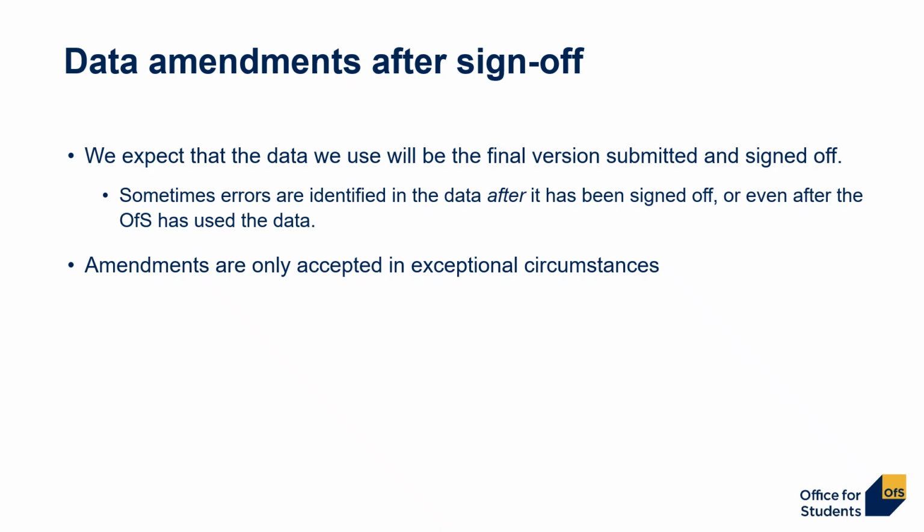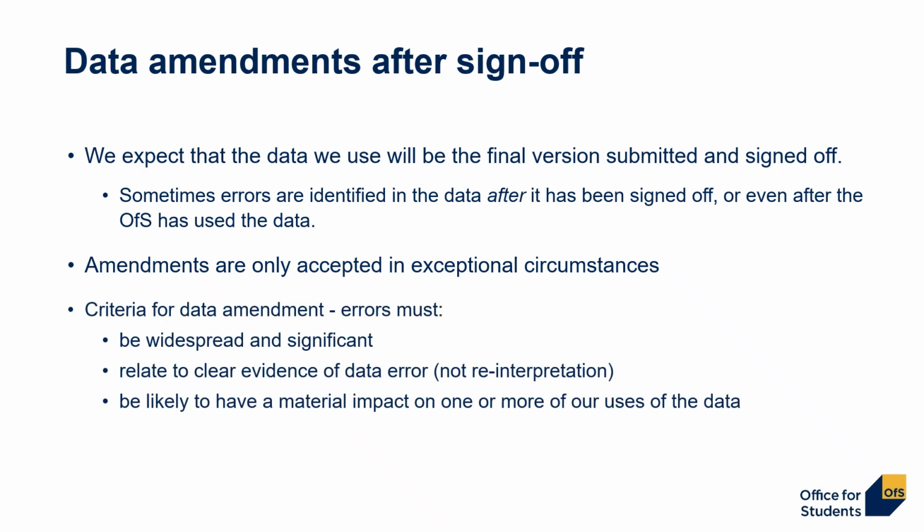To be accepted for amendment, errors must be widespread and significant, relate to clear evidence of data error rather than reinterpretation of the data, and be likely to have a material impact on one or more of our uses of the data. A data amendment panel will assess errors using information provided to them and then decide or recommend whether we require the errors to be corrected.